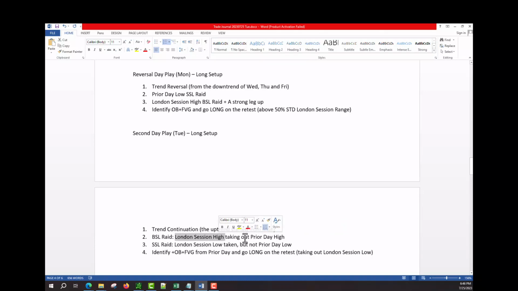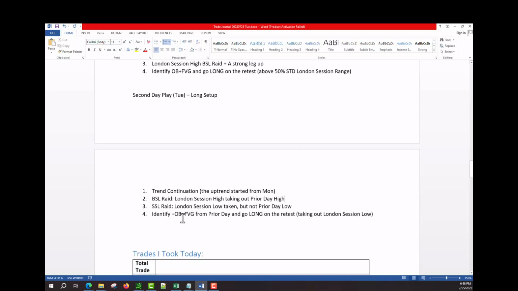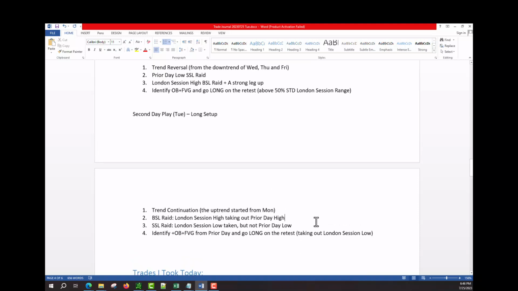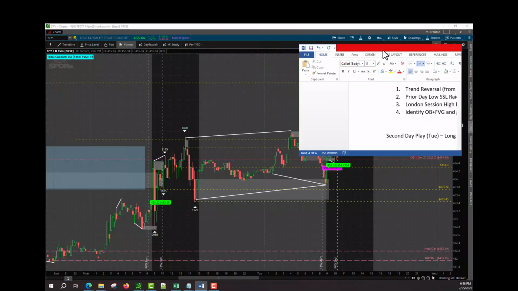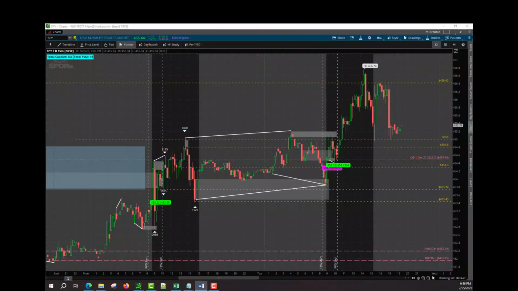The London high was taken out with the prior day high, and then it retraced. It checked down to the London low, but not the Monday low. Then we need to identify the bullish order block and fair value gap, and then we go long on the retest when they check out the London low right there. So that's the high level logic that the market shows us.